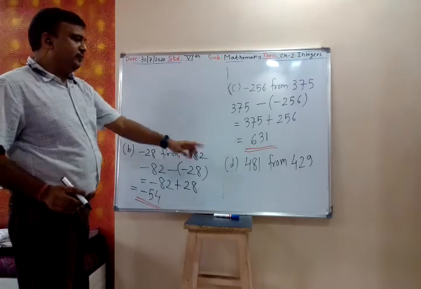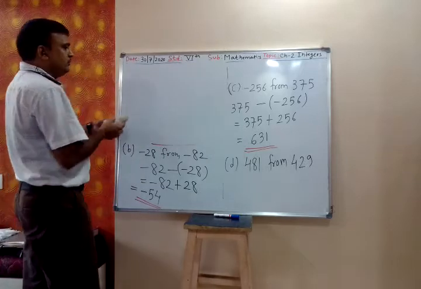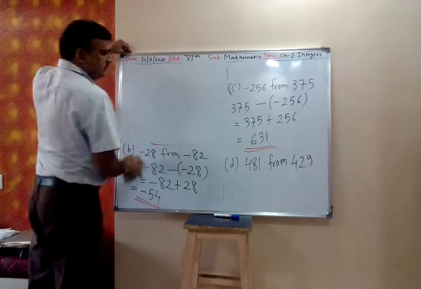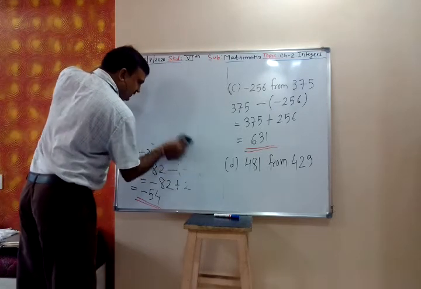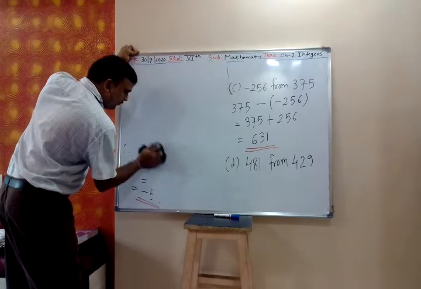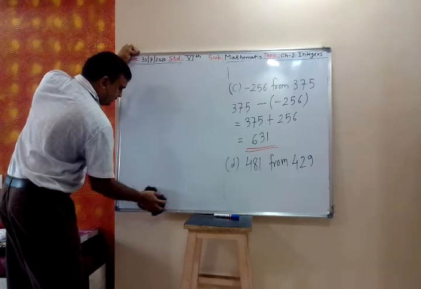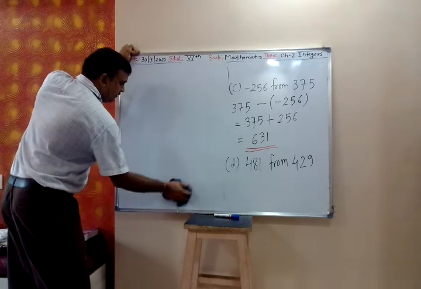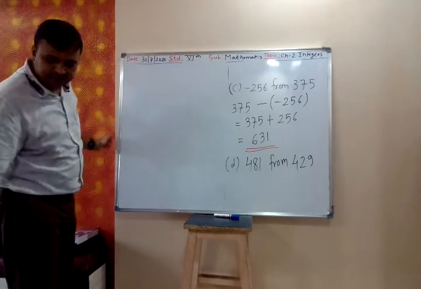Now subtract 481 from 429. Start solving. Whichever number is written after "from", that number we write first.